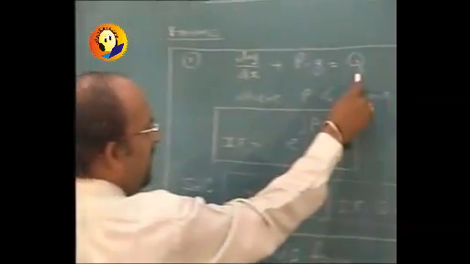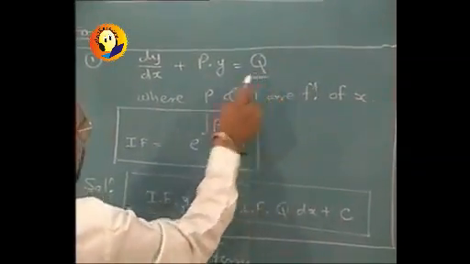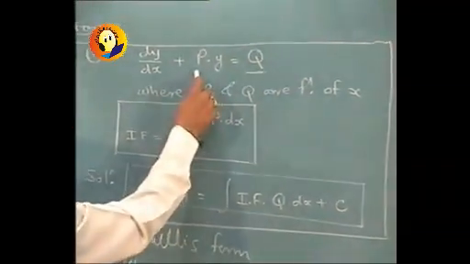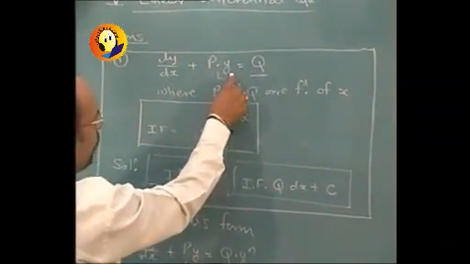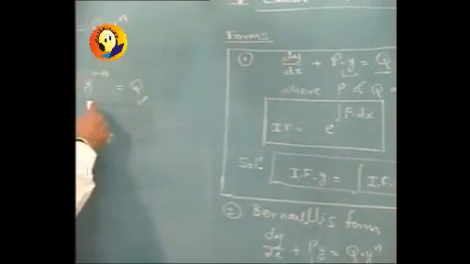The right hand side must be a function of x, which we have managed now, and the left hand side, first term should be dy by dx and second term should be P into y.